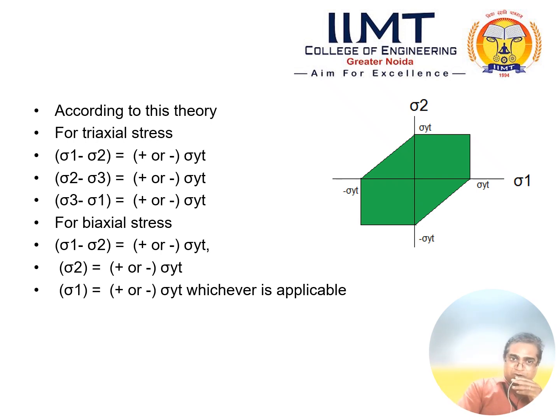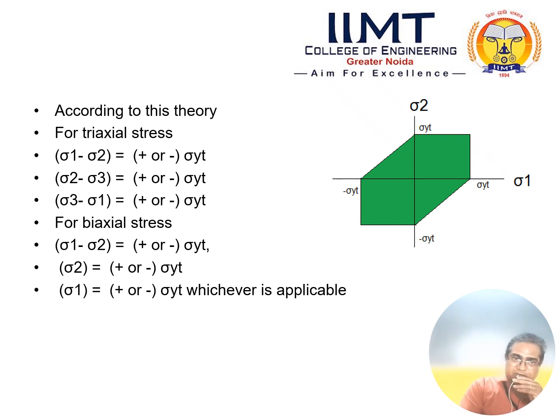And if you are talking about a biaxial stress system, then sigma 1 minus sigma 2 is equal to plus or minus sigma yt, or sigma 2 is equal to plus or minus sigma yt, or sigma 1 is equal to plus or minus sigma yt. So among all these equations for the biaxial stress system, which one is maximum?